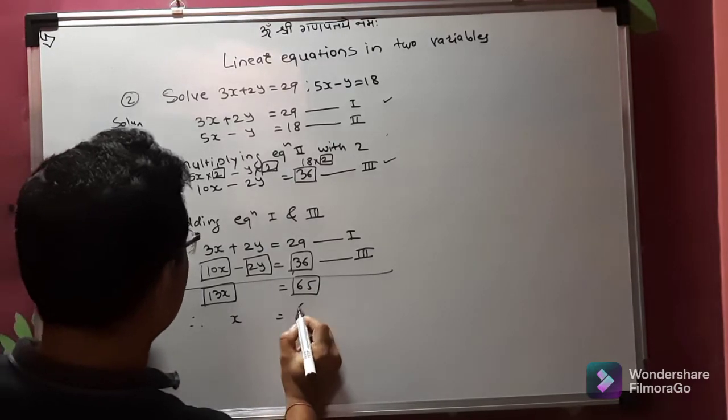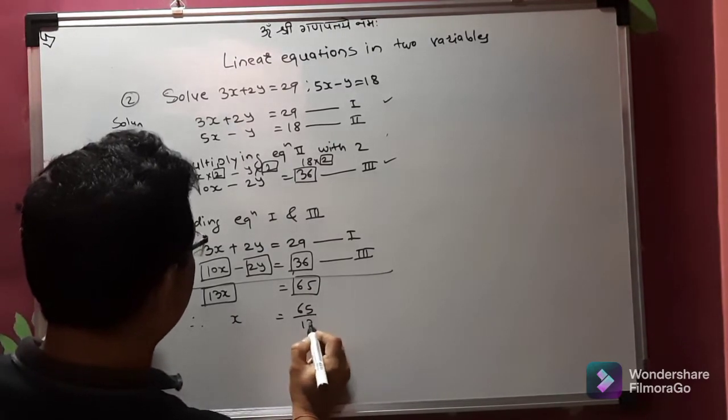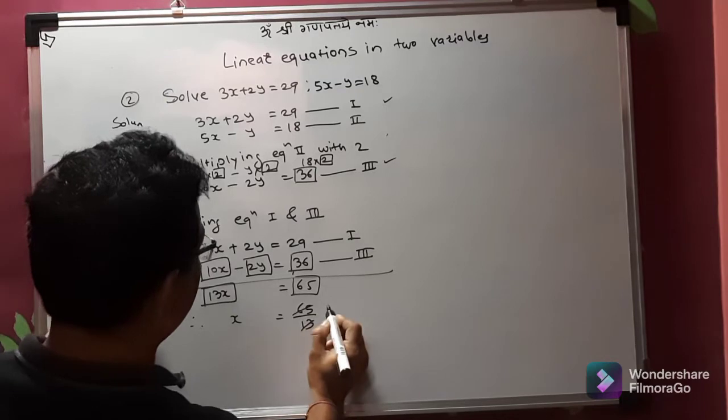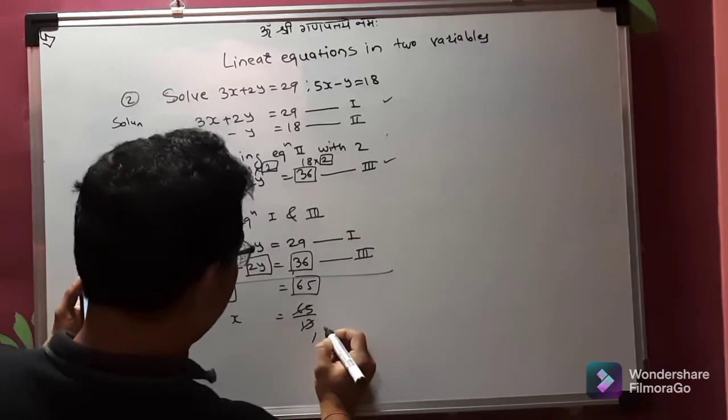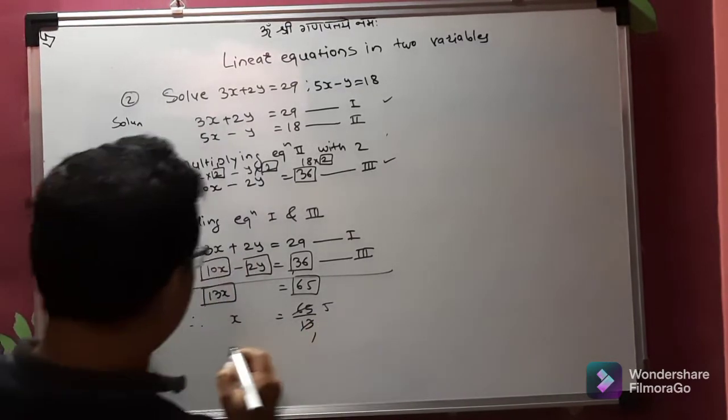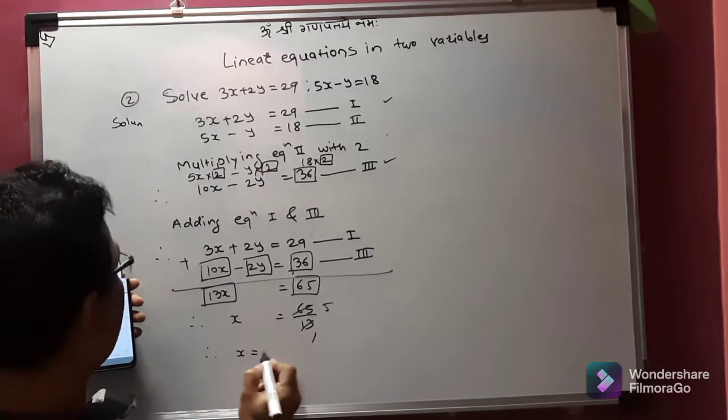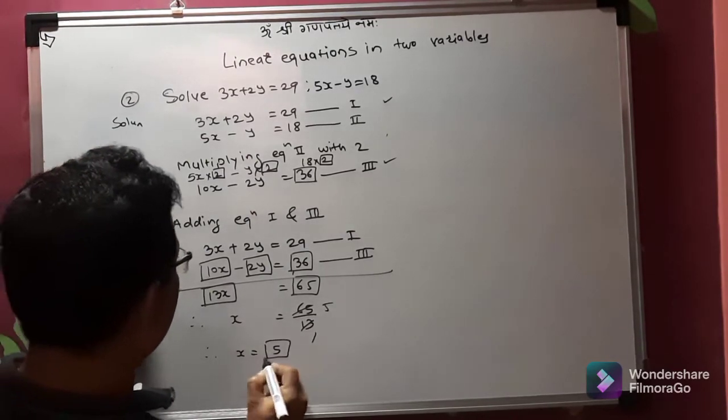So x is equal to 65 divided by 13. 13 fives are 65. So x is equal to 5.